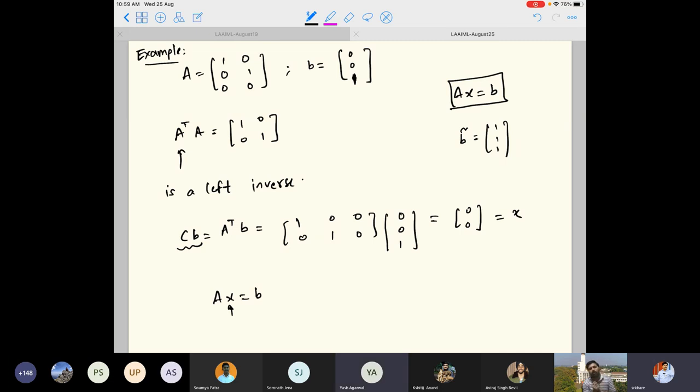But that also is not a solution. This is just an example I created. There is nothing big about it, and nothing specific about zero either. It can be anything else. Okay, fine.